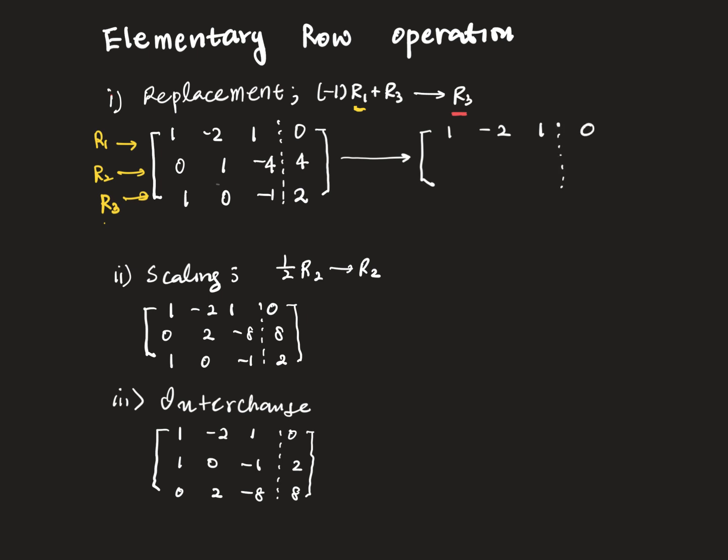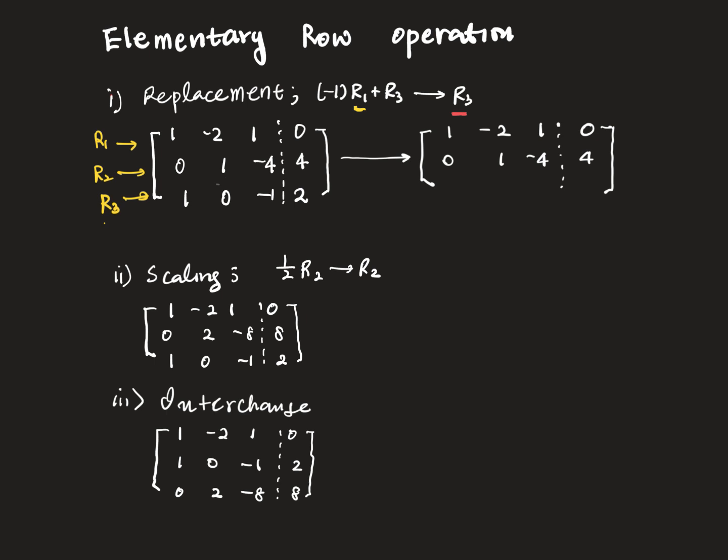This is the augmented matrix, guys. Sorry, R1 and R2 do not change, but R3 is going to be changed. How does it change?